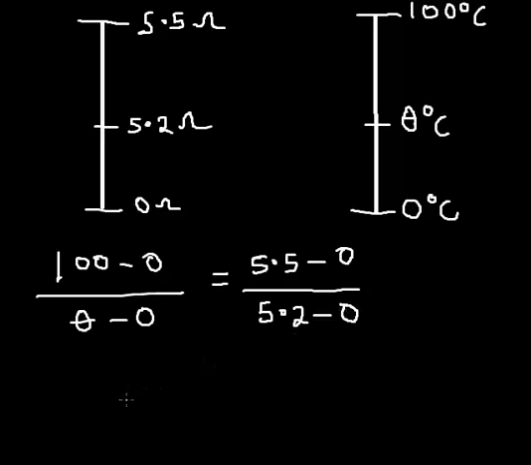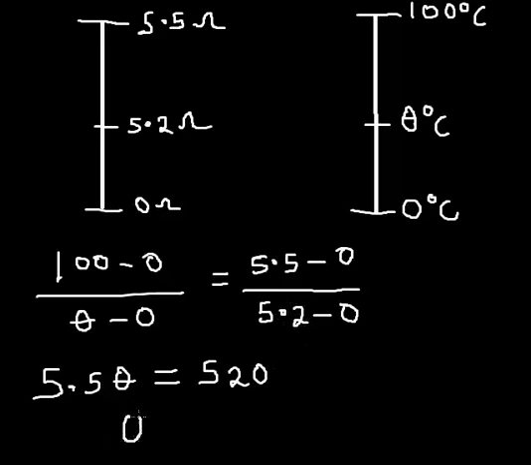Okay, of course, you know what we'll do. Cross multiply, and that's going to give me 5.5 theta equal to 100 multiplied by 5.2. That's 520, please pardon me.